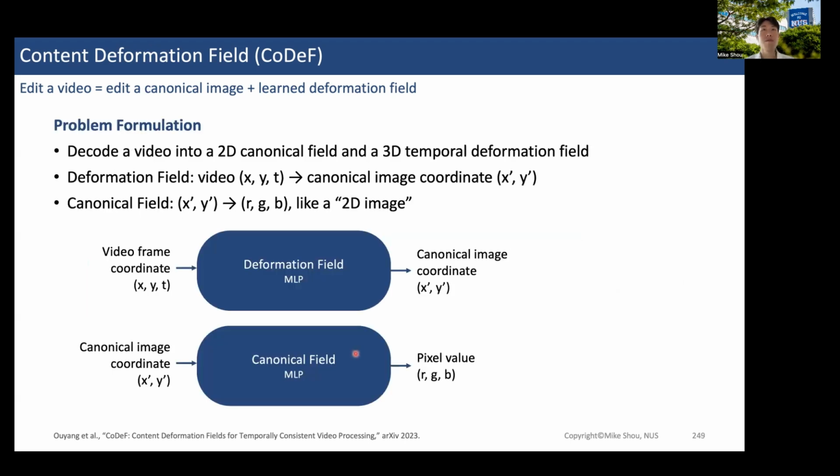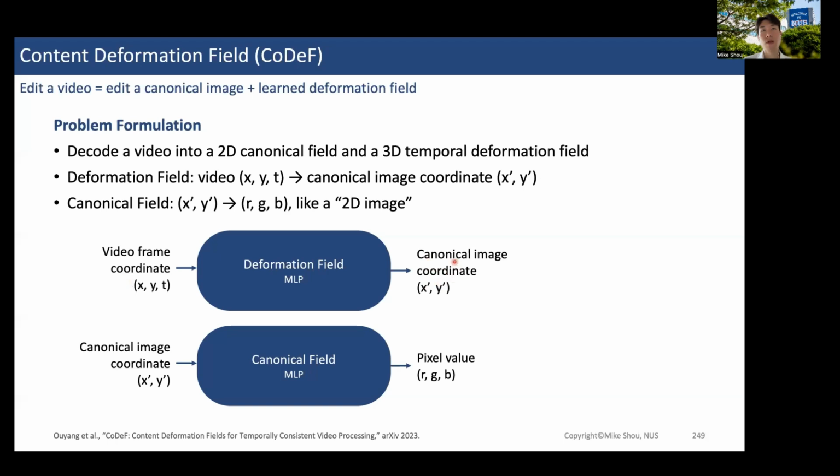More specifically, how this is achieved is that they have two NeRF-like MLPs. One MLP is used for the deformation field, and the other MLP is for the canonical field. So for the first, the deformation field, we can provide any video frame coordinate XYT as the query, as the input, and given this coordinate, we would be able to map it into a 2D coordinate.